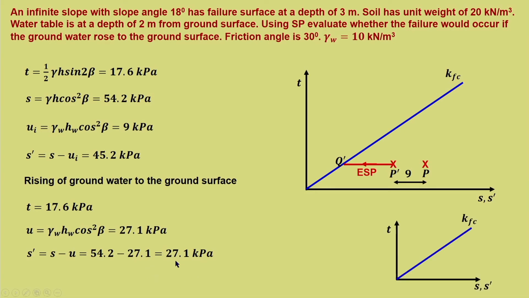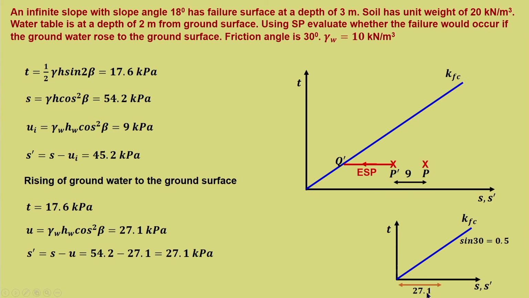Now, let us try to understand whether this is a failure state or not. So, let us again replot T S dash. Because the failure line is defined, we know that friction angle is 30 degrees and tan alpha for this is equal to sin phi dash, which we have already seen. So, we know that it is sin 30, which is equal to 0.5.